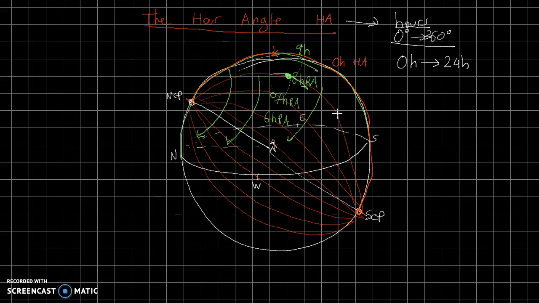Meanwhile, the hour angle system does not rotate relative to you. So the 0 hour angle, which is defined from NCP to SCP, going through the zenith and therefore aligns itself with your local meridian, this 0 hour will always remain 0 hour.